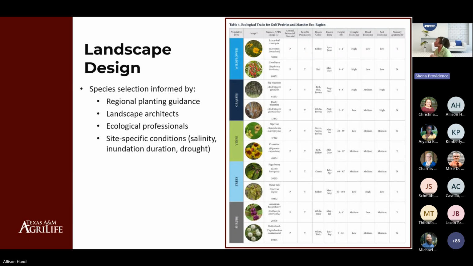So there's variety and diversity within your vegetative species, as well as the different plant characteristics and tolerances, whether that's longevity, is it annual, perennial, biennial? Does it benefit pollinators? What are some of the aesthetic features like the bloom color, as well as the plant height? And then from a flood mitigation, water quality perspective, the different condition tolerances, whether that's flood, salt, or drought. And I also want to note that all of these different categories are defined in great detail within the implementation guide itself.